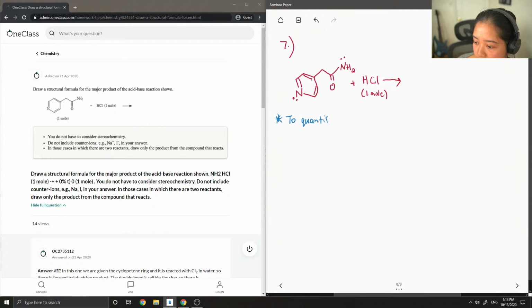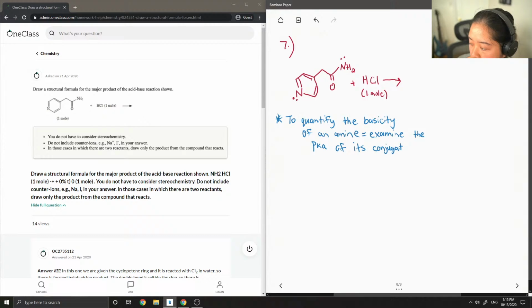To quantify the basicity of an amine, we want to look at the pKa of its conjugate acid.